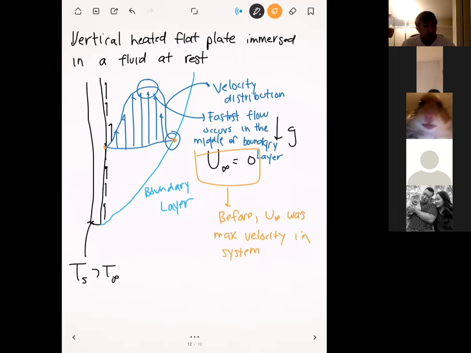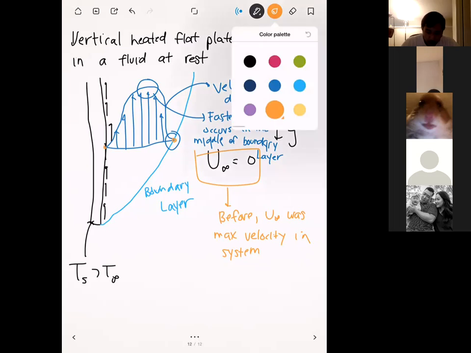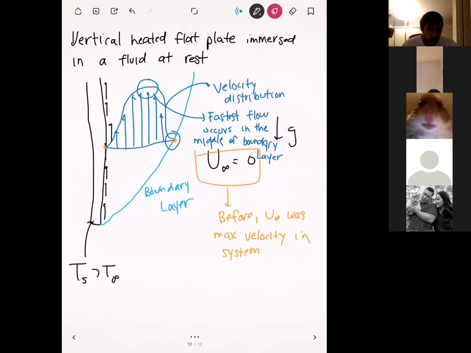This is actually going to change which dimensionless numbers we use as well. For internal convection and external convection, remember the way that we determined whether the flow was laminar or turbulent was we used the Reynolds number.